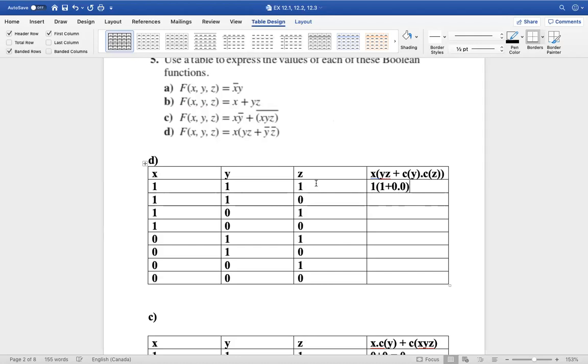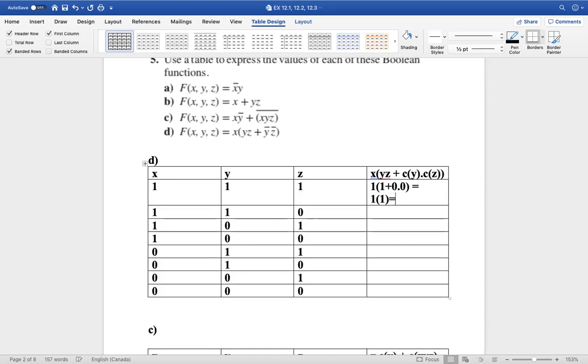Okay. So this becomes 1 into 1 plus 0 is 1. 1 dot 1 is equal to 1. Okay. So therefore this is 1.